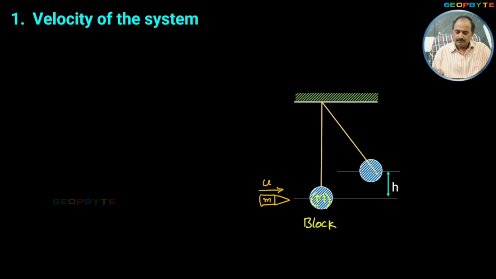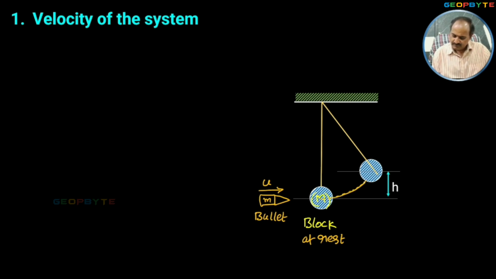Once it is hitting the block, assume the block is initially at rest. That means block velocity is 0. Then the bullet is embedded into the block. Then the combined system will be moving like this.